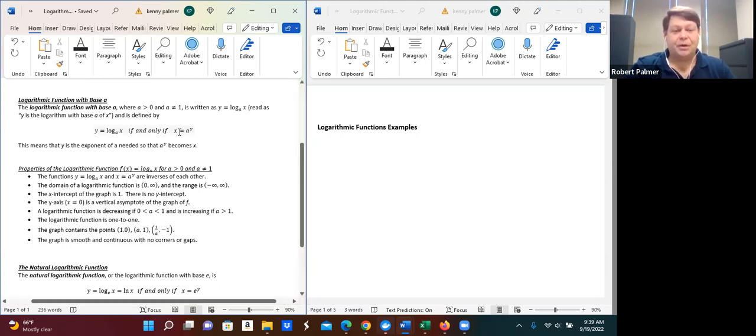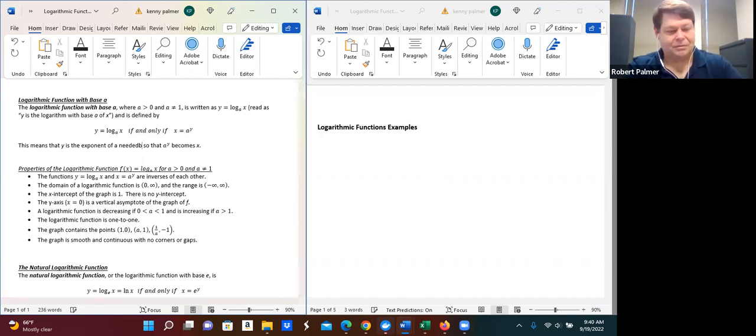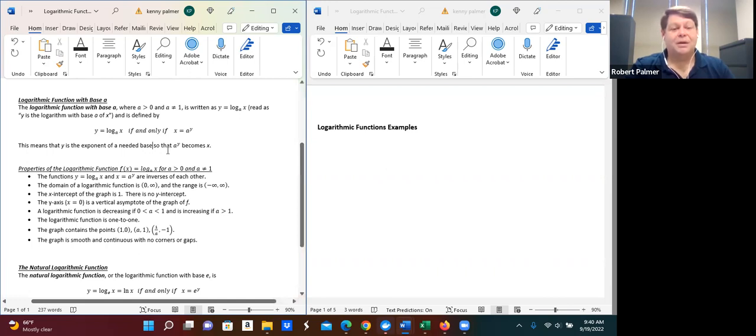If this log statement is true, then this exponential is true, and if the exponential is true, the log is true. And once again, this means y is the exponent of some needed base so that a to the y becomes x.